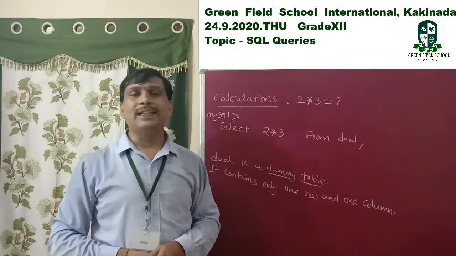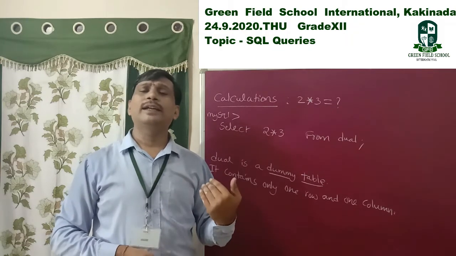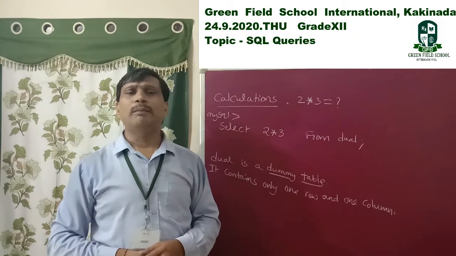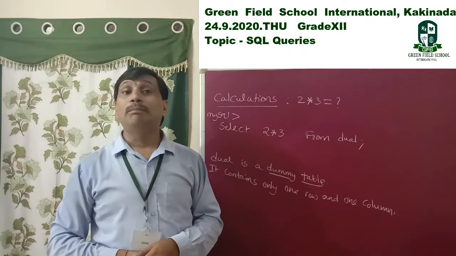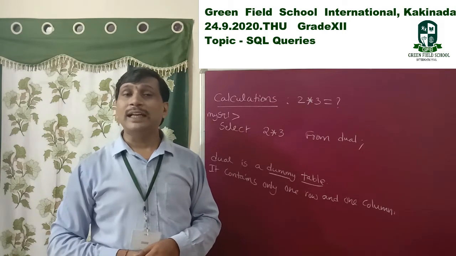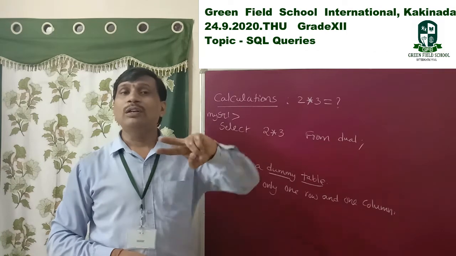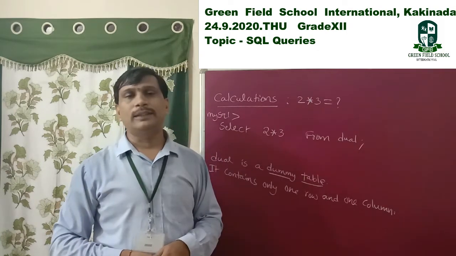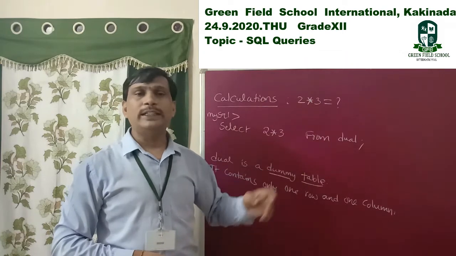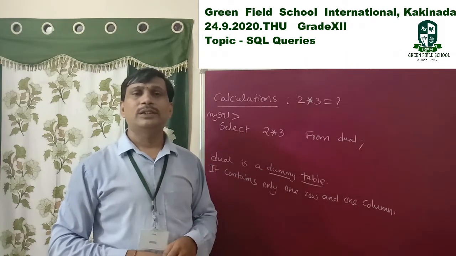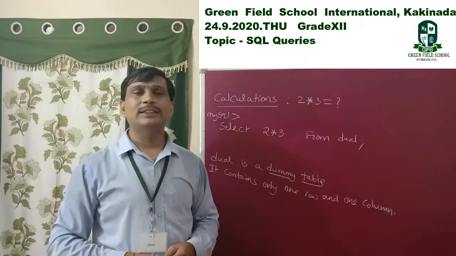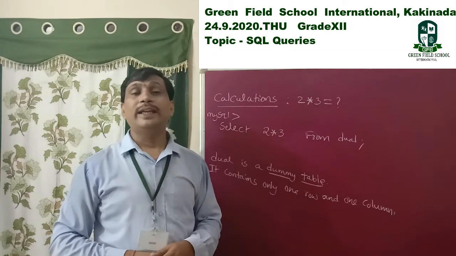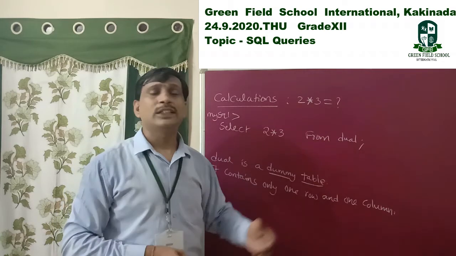So the type of calculations that can be done by using this dual table contains only a single row, single column. So if any calculations, or anything you display by using the select command, have only one row, one column, use this dual table. I explained the dual table. Here we write calculations and we display the date, time, everything by using this dual table.